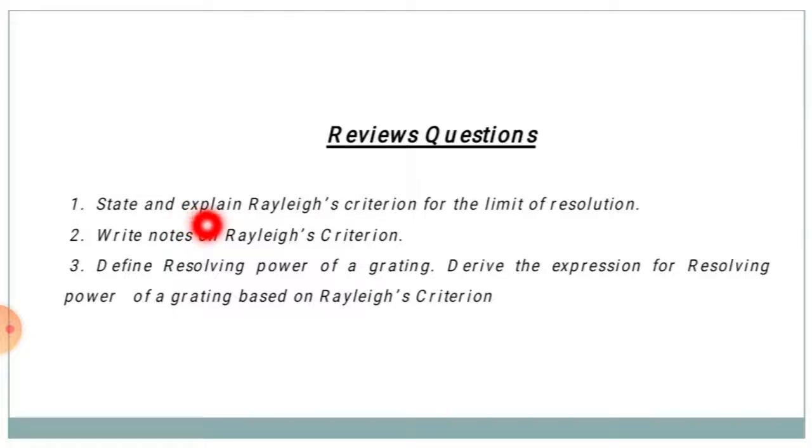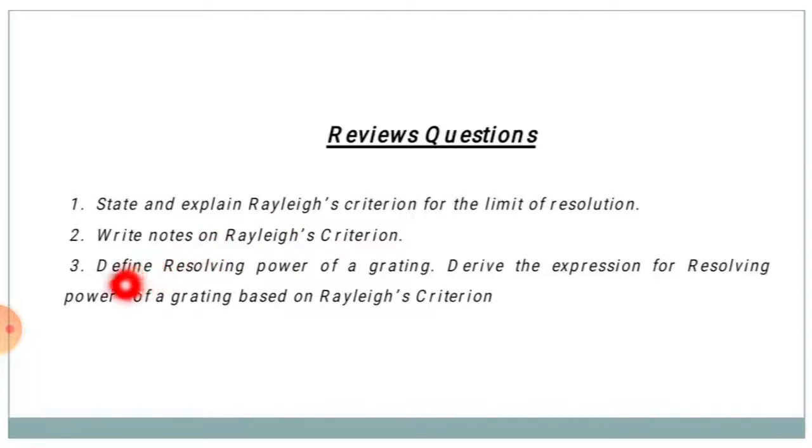According to Rayleigh, two images or two spectral lines of equal intensity should be regarded as separate, that is just resolved, if the central maximum of the diffraction pattern due to the first spectral line or image coincides with the first minima of the other spectral line and vice versa. This is known as Rayleigh's criterion for the limit of resolution.